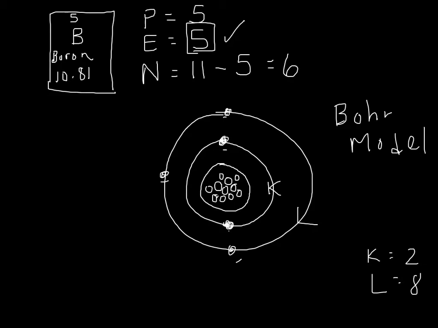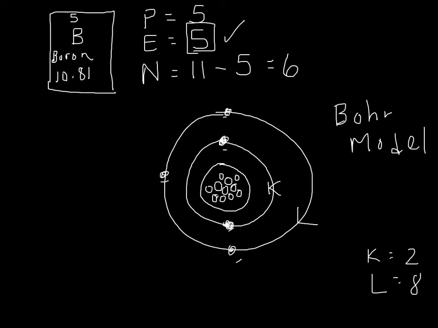Knowing that it has 1 full energy level for the electrons in the K level, and that the L level is not full. It only has 3 of its possible 8 electrons, so it might want to pair up with another element out there and combine. And the reason it wants to do this is because elements want full energy levels.